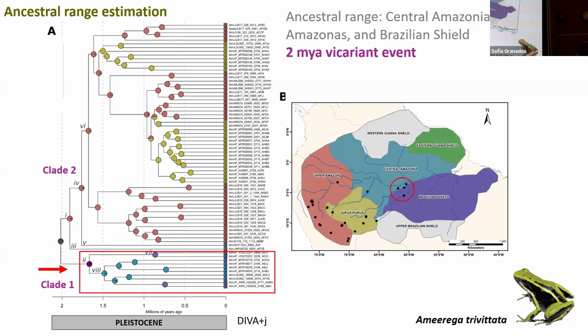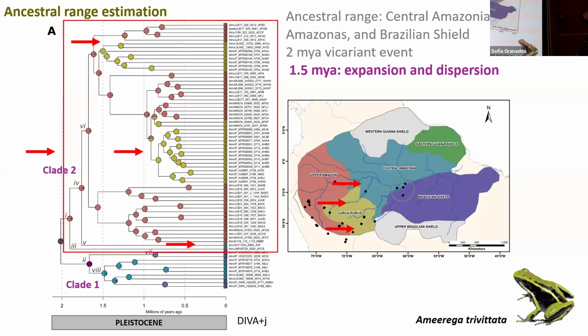So as you can see, these populations are now completely differentiated from these populations that have an ancestral distribution in the Upper Amazon bioregion. After that, clade number 2, the one with ancestral distribution here, experienced some expansion within this same bioregion, and also some dispersion into the Juruapurus bioregion and into the Central Amazonia bioregion.